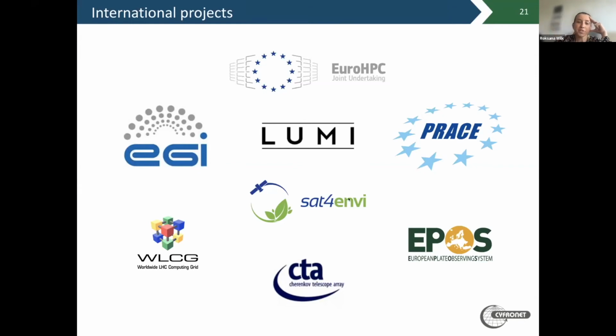We have, for example, the Sat4NV initiative, which is processing Copernicus data on our PL Grid clusters and then making it available for the specific purposes of Polish administration and some Polish researcher groups. So when it comes to resources, Poland is kind of safe. We have our own resources.